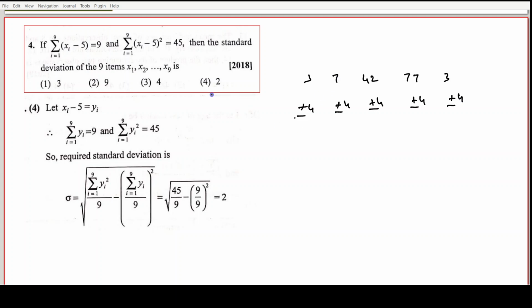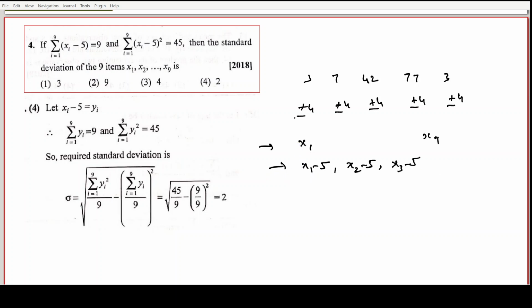If you have x1 to x9, the variance of this data should be equal to the variance of x1 minus 5, x2 minus 5, x3 minus 5, and so on. So the variance of this data as well as the variance of this data is the same.